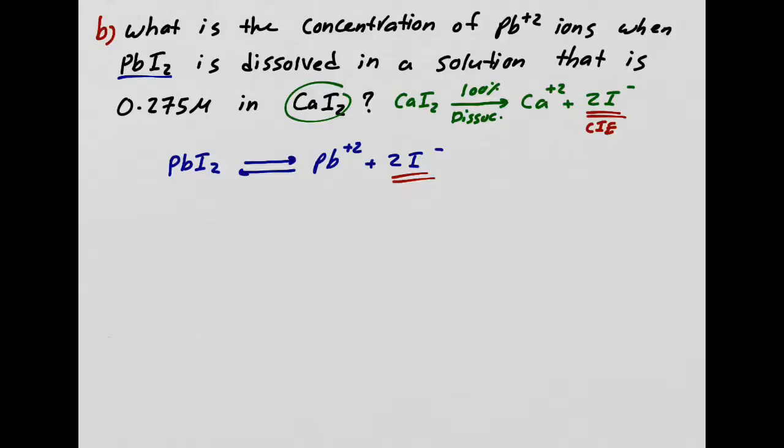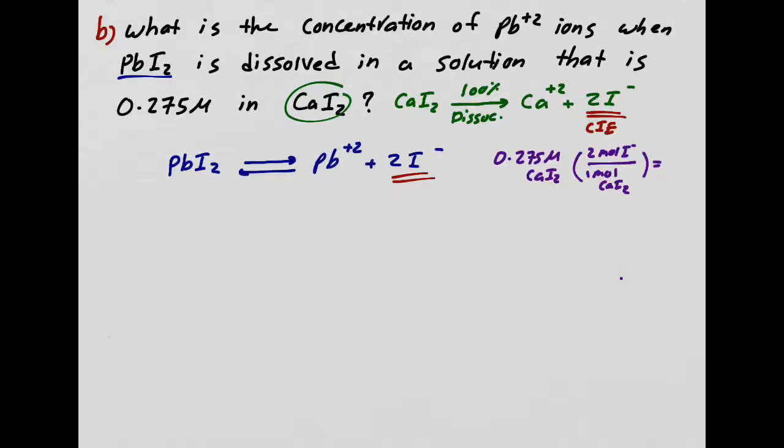So far, so good. Now, we have to do a mole ratio. Don't forget, the mole ratio always comes back. So I have 0.275 molar of calcium iodide. When everything fully breaks up, how many moles of iodide am I going to have? You have to do a mole ratio. For 1 mole of calcium iodide, you have 2 moles of I minus.